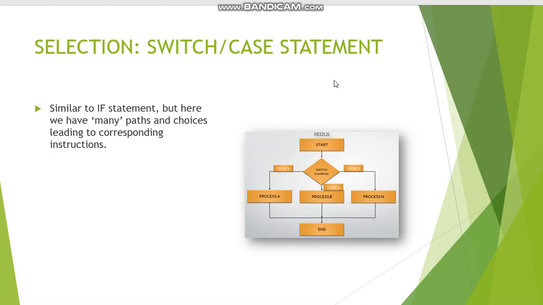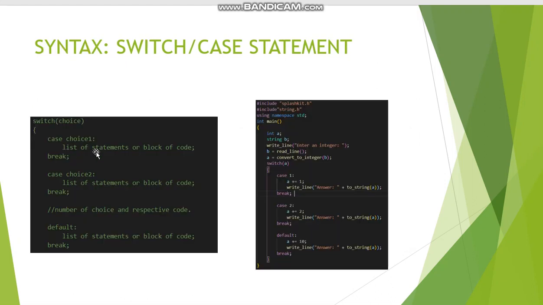In the case statement, there's this condition, and this is not a Boolean condition. In case, as I'll tell you, there are choices. The choice statement here should be an integral or an enumeration.